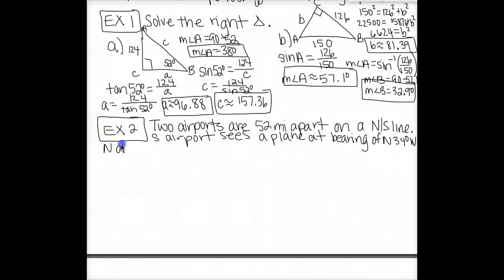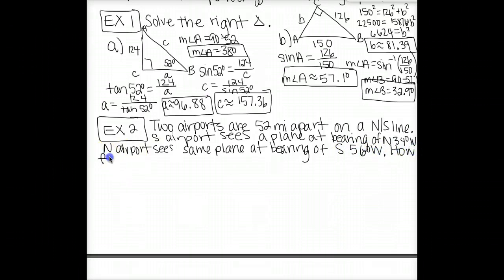The north airport sees the same plane at a bearing of south 56 degrees west. And then the question we want to answer is how far is the plane from the north airport?